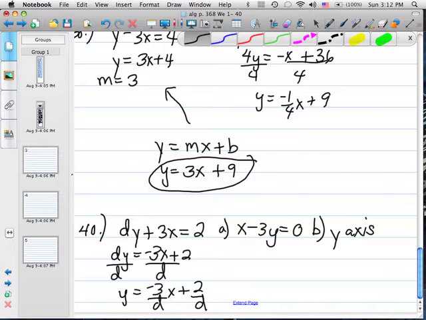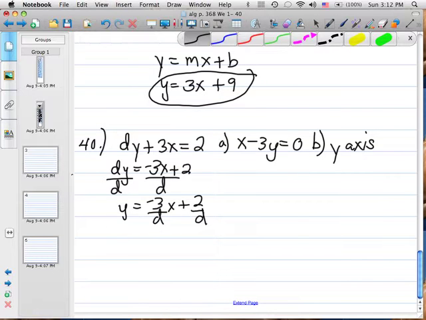And A, we want to find out what d has to be so it is parallel to this line here. So we get this in slope-intercept form. Negative 3y equals negative x, subtract x, plus 0. And we don't have to put the 0 down. And then divide by negative 3.